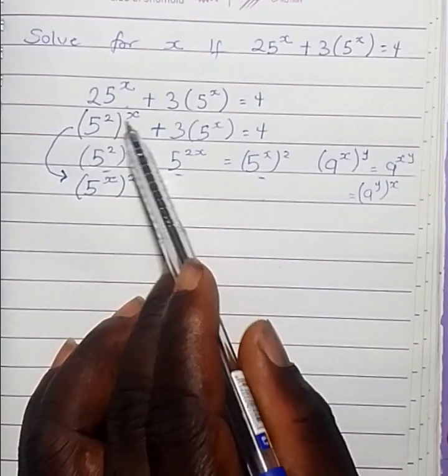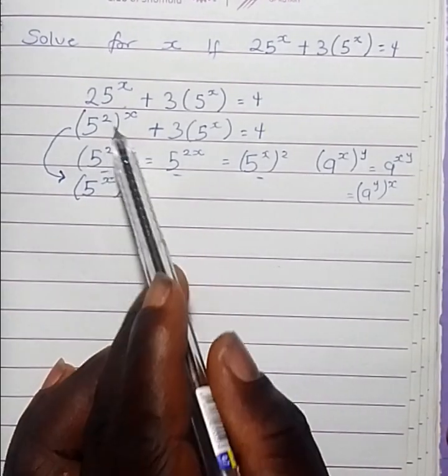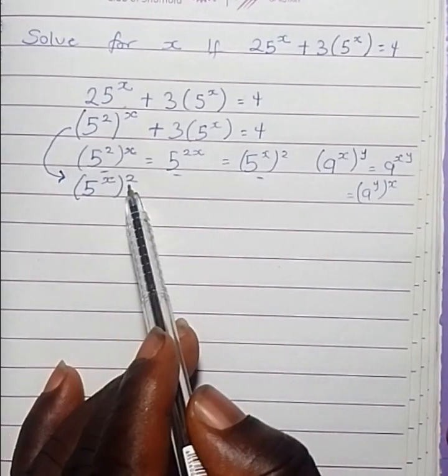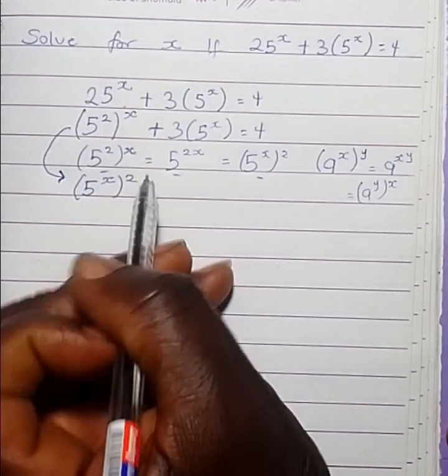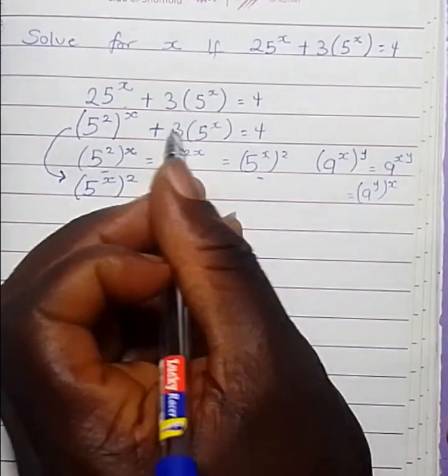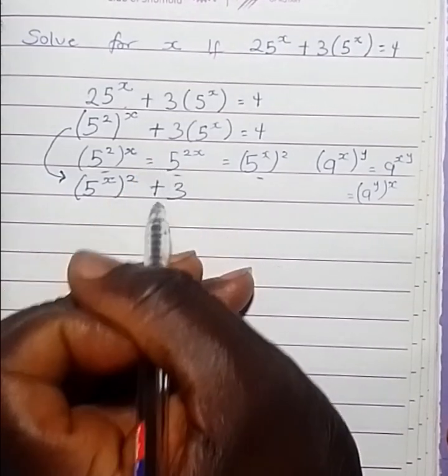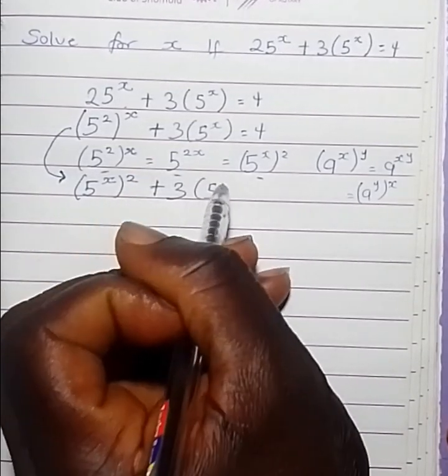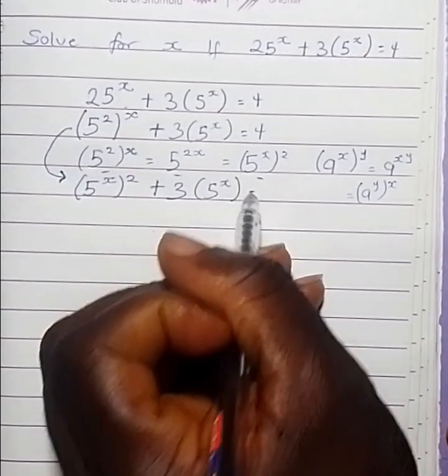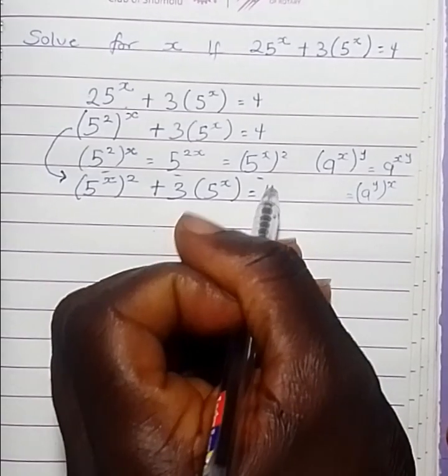So I'm only switching the position of the powers. It's the same, because 2 times x is the same thing as x times 2. They are both 2x. So I will have this plus 3, then 5 raised to power x is equal to 4.